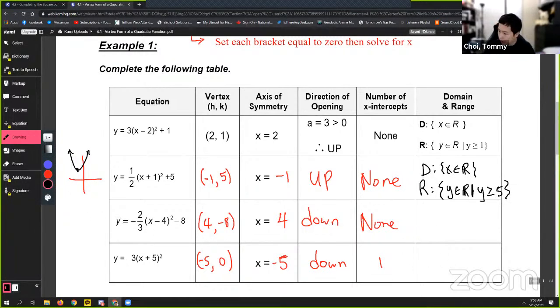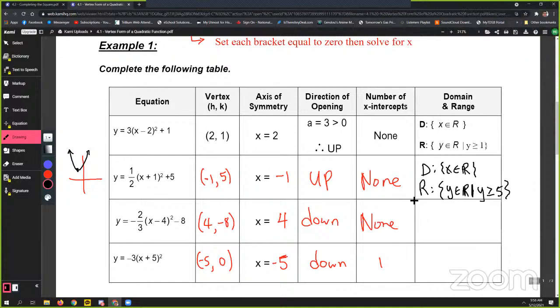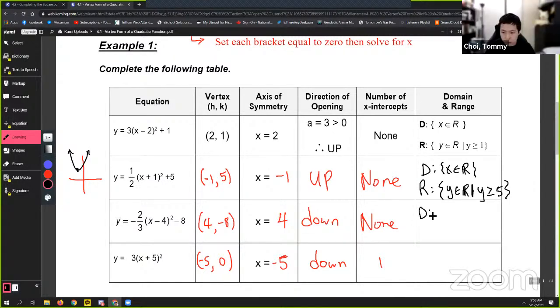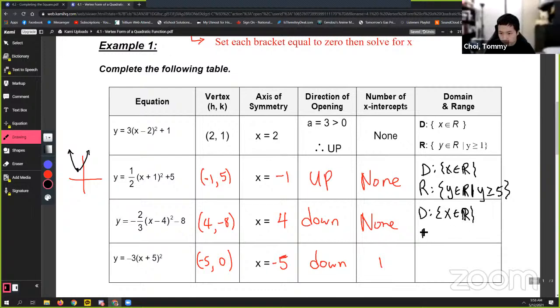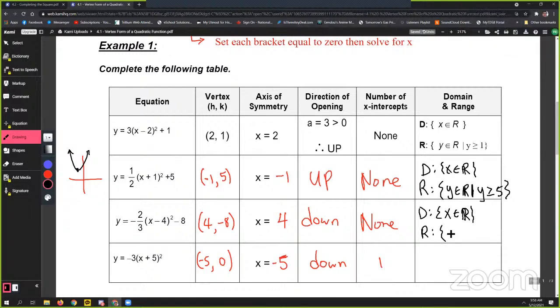Which leaves us with Sophia, Katayun, and Amir. Would any of you like to try the next two? Yeah. Sure. Sophia, try the next one here. What's the domain here? Okay. Domain is x ∈ R. Mm-hmm. And the range is y ∈ R, y is lower than -8.